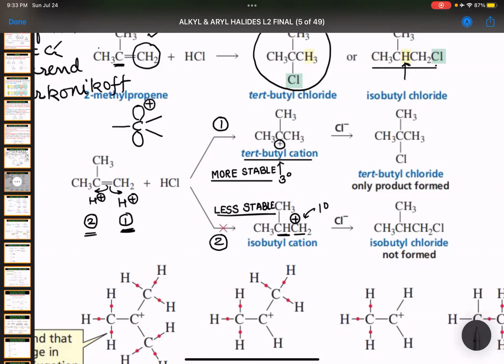So wherever the carbocation is forming, just remember, the more branched the carbon atom is, the more stable this carbocation is going to be. The carbocation is more stable if it is more branched, with more alkyl groups connected, and less stable if it is less branched, with fewer alkyl groups.